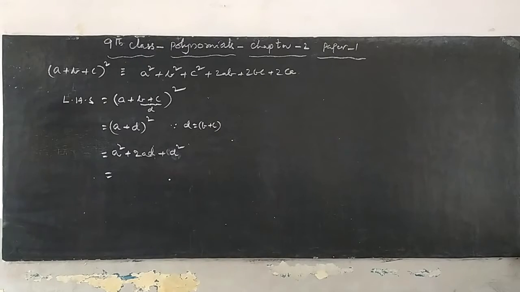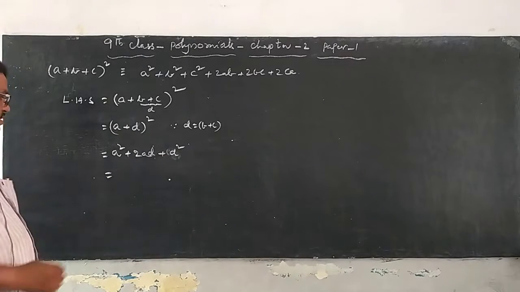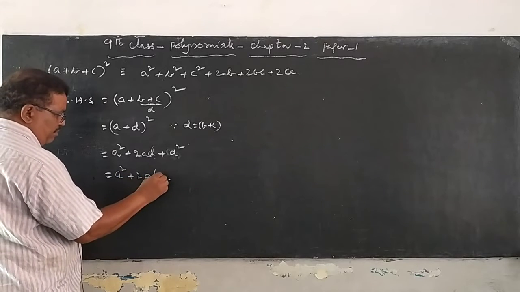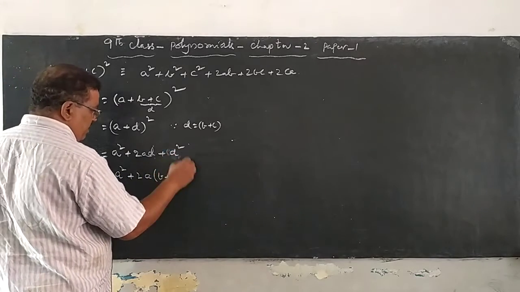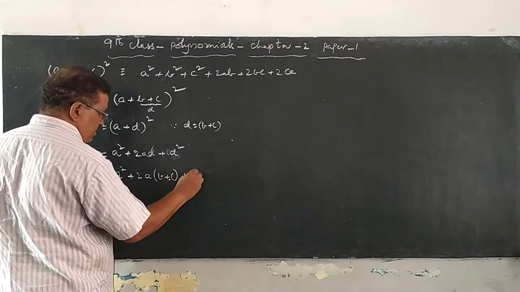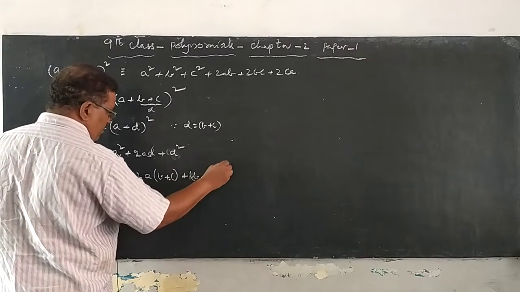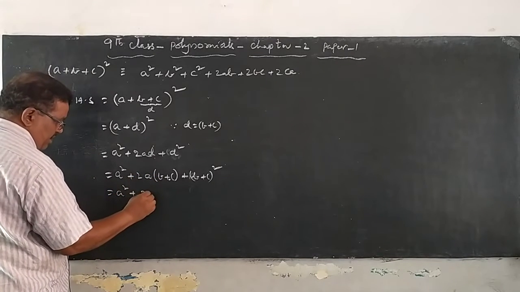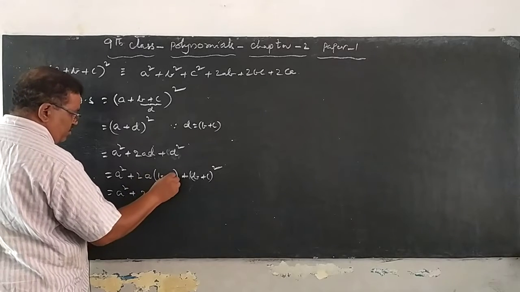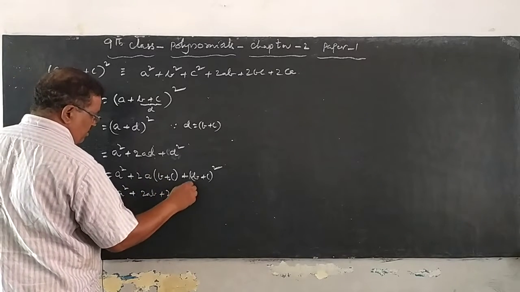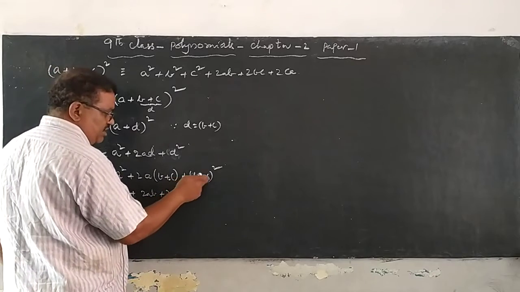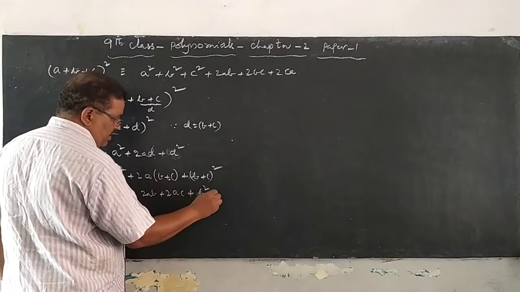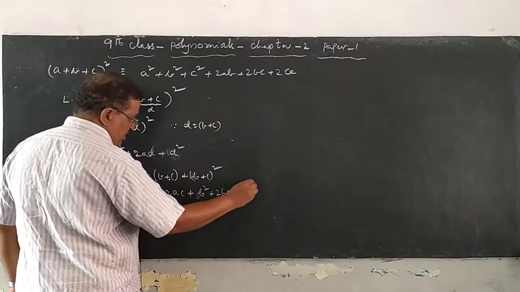Now we need to substitute the values of d in the expansion. a square, 2a into d, d means b plus c, and d square means (b plus c) whole square, that is a square plus 2ab plus 2ac. The (b plus c) whole square expansion is b square plus 2bc plus c square.